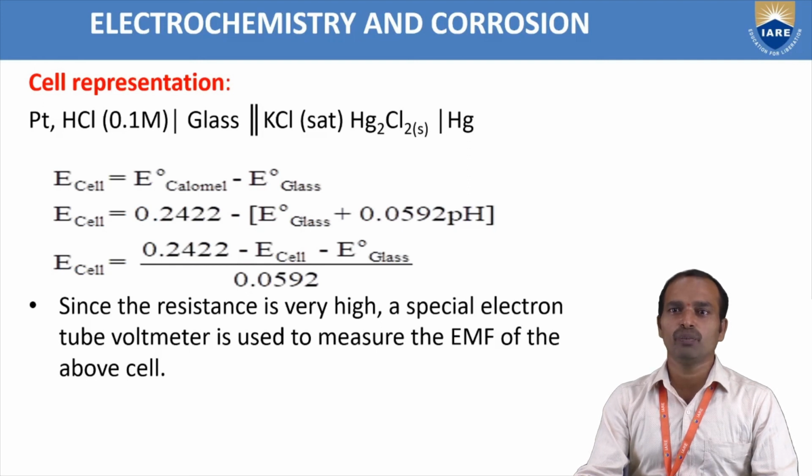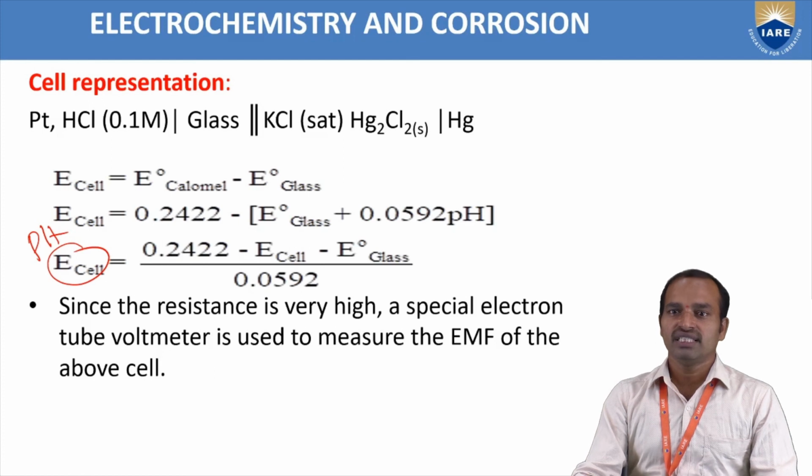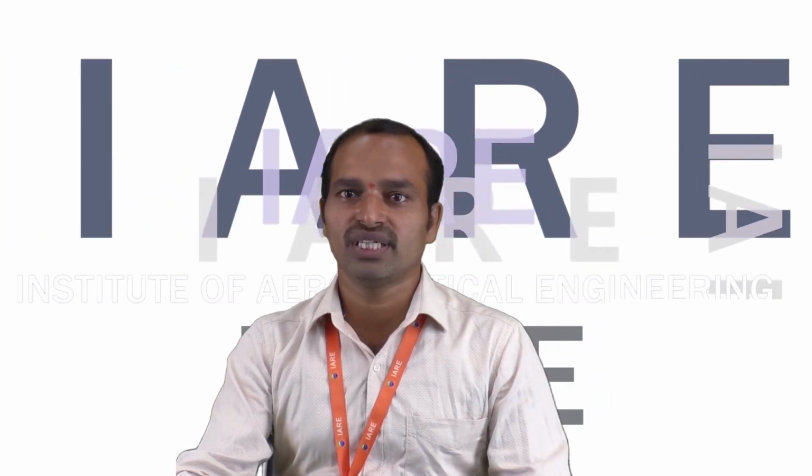E cell is equal to 0.2422 minus E naught glass plus 0.0592 pH. So pH is equal to E cell minus 0.2422 minus E naught glass, divided by 0.0591. Since the resistance is very high, a special electron tube voltmeter is used to measure the EMF of the cell. So this is the determination of pH of an unknown solution.